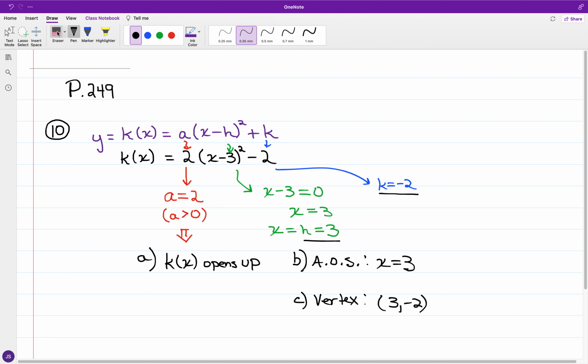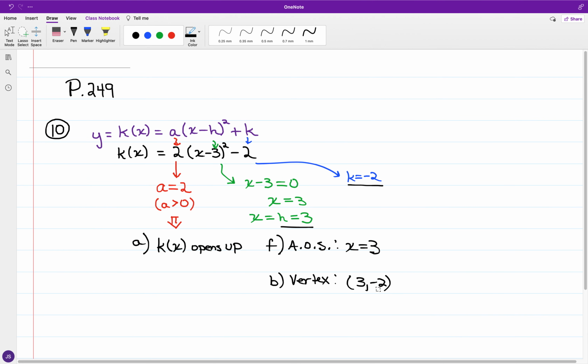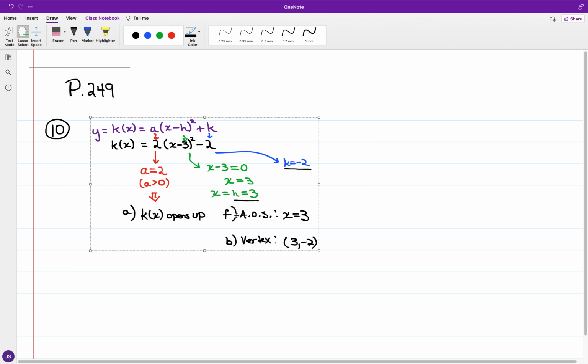All right, and again, I had interchanged the order of the terms, so the axis of symmetry is actually part F, and the vertex was part B. And in the case of the other portions, concerning part C as well as part D, we're dealing with the determination of intercepts.